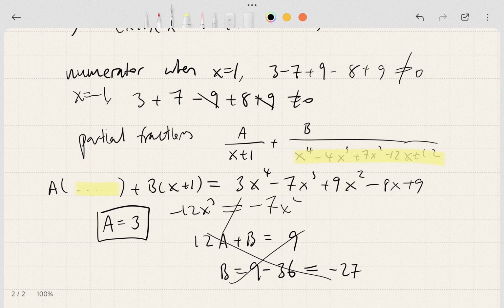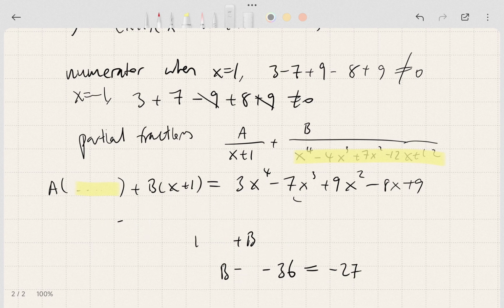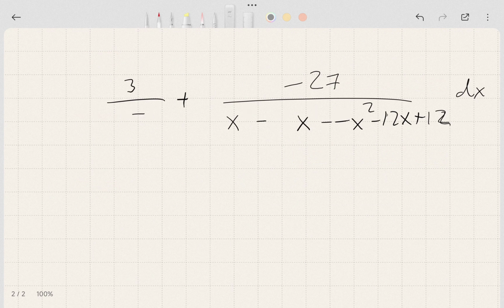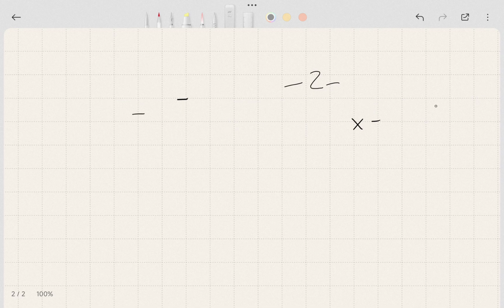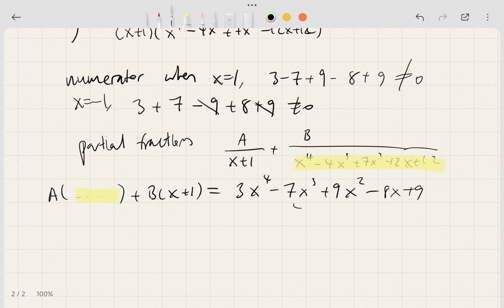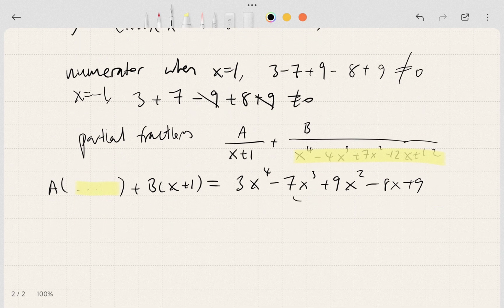So let's think about something else. Okay, let's rub things out. Let's think about this expression for a second.